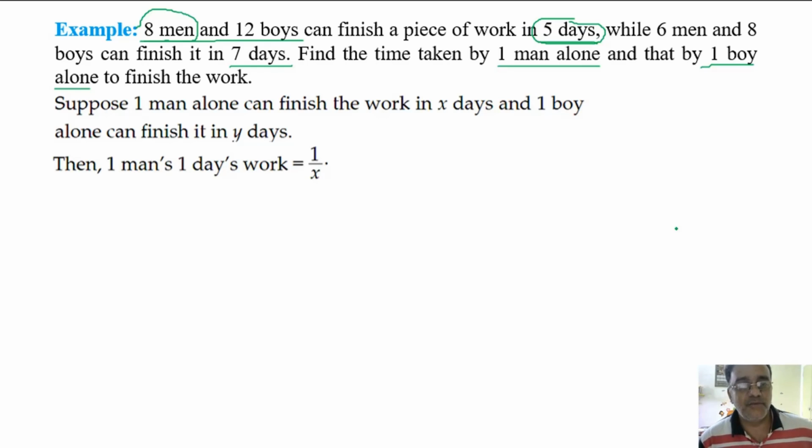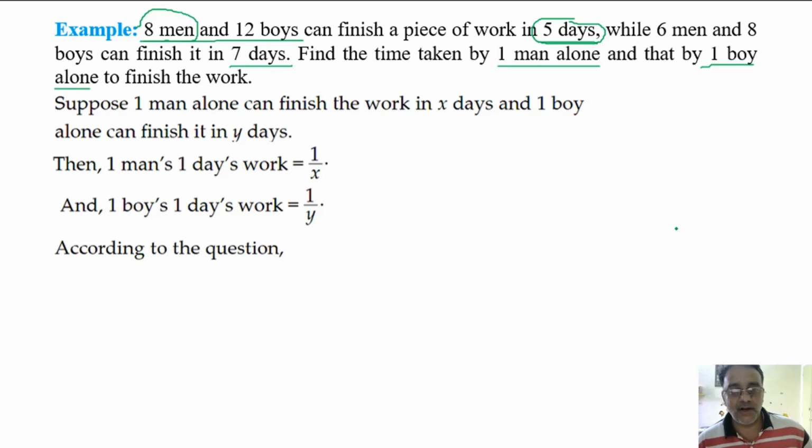Right. So man's 1 day work is 1 by x and boy's 1 day work is 1 by y. So according to the question, we'll get 8 upon x plus 12 upon y is equals to 1 by 5. And next equation we'll get, what we'll get?